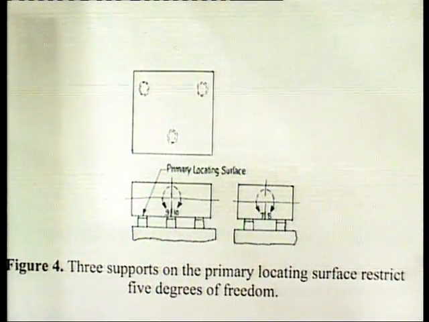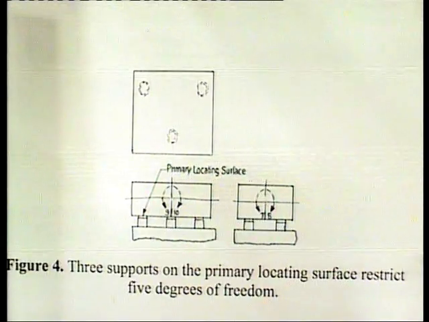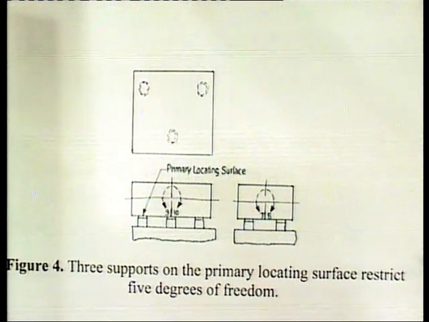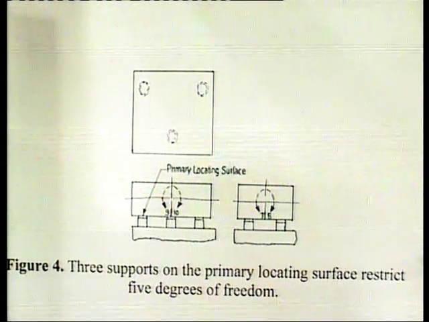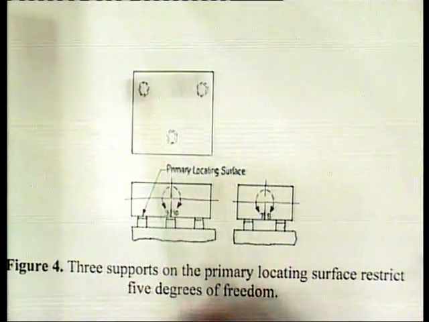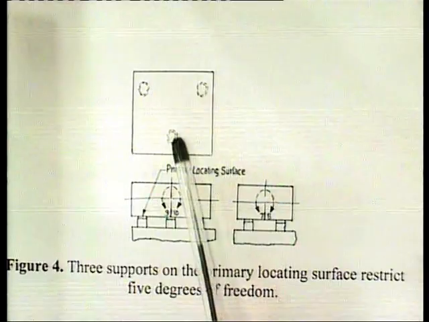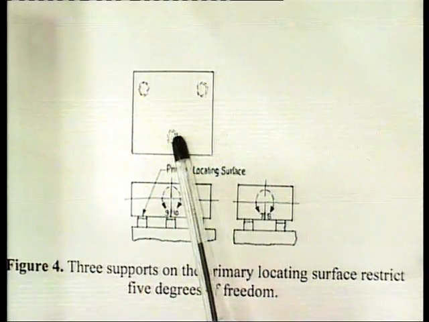So, here in this figure 4, we can see the arrangement of 3 supporters on the primary locating surface restricting 5 degrees of freedom. Here this is the plate or the workpiece, and these 3 locators are placed under this workpiece.